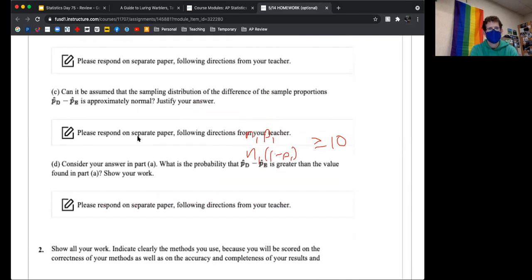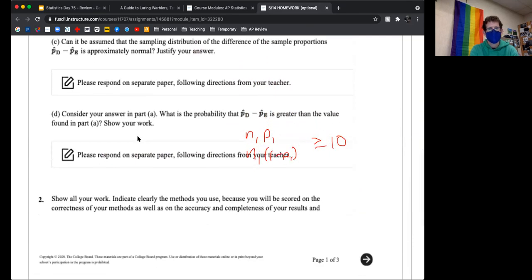They're basically at this point asking us to determine the p-value for getting this particular result. So what's the probability that this sample difference is greater than the value found in part A?